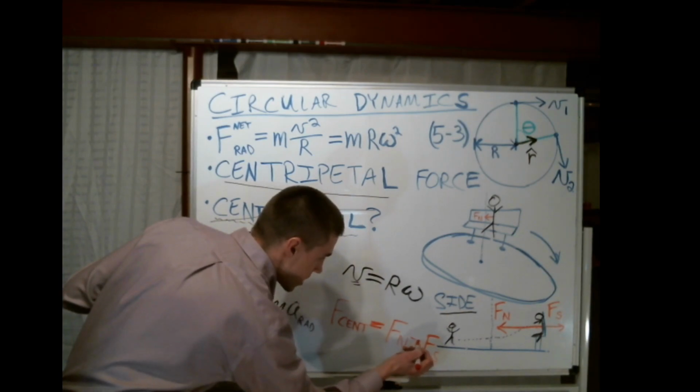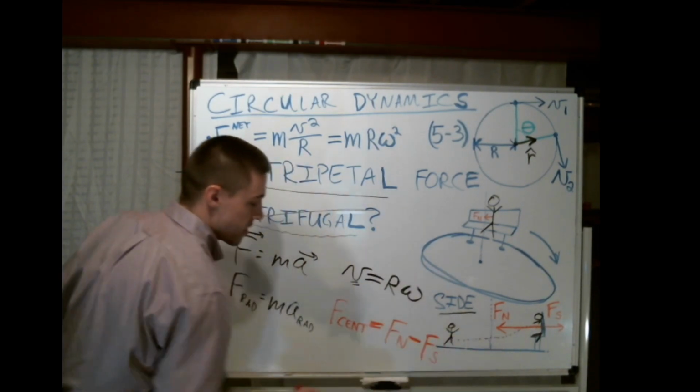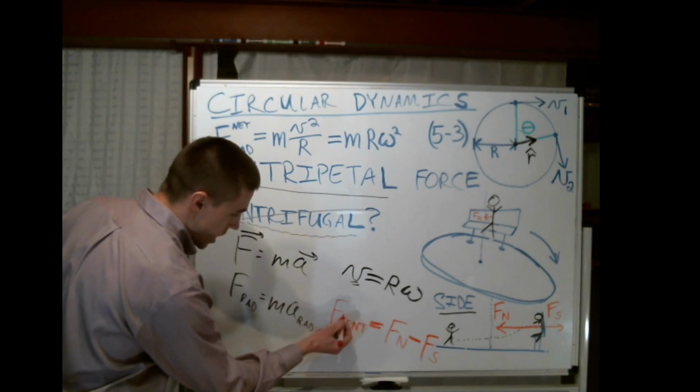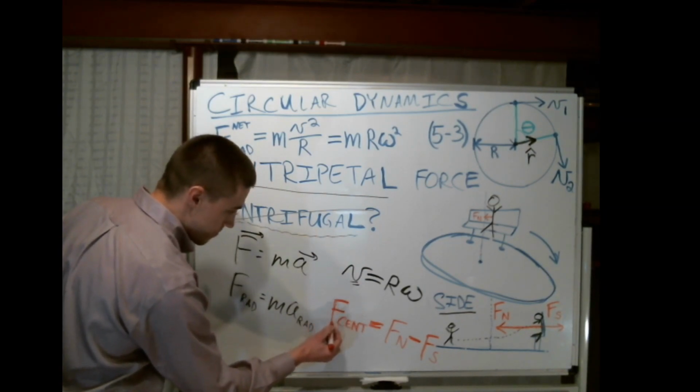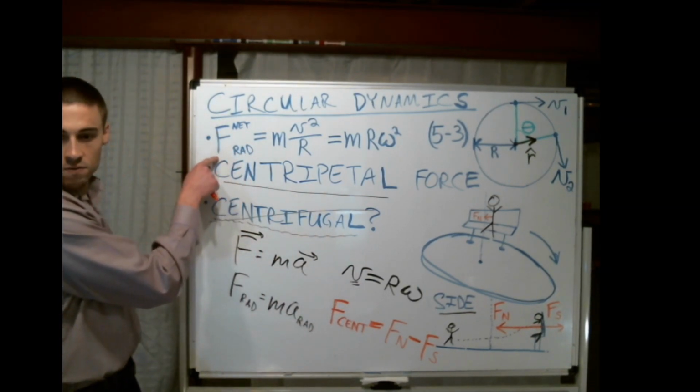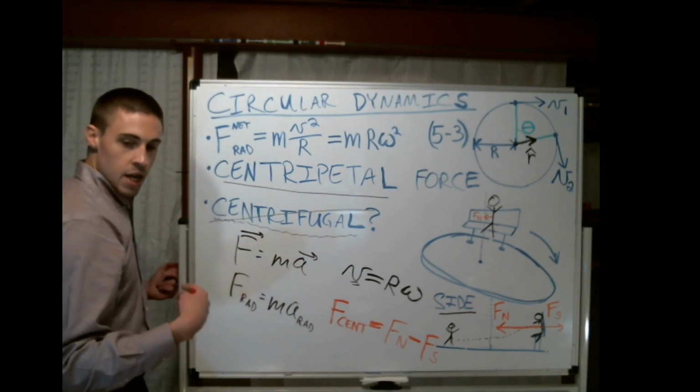The minus sign comes because Fs is pointing in the opposite direction. So that would be the centripetal force, or in other words, the radial force up here. I'll write centripetal and radial.